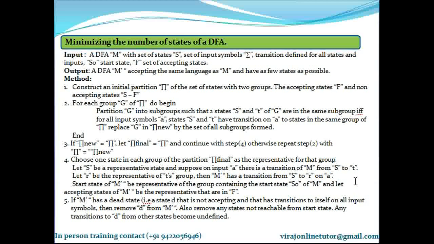So suppose there was a transition from S to T earlier, and after I minimized the DFA, I selected R as a representative from the T subgroup. There is going to be a transition from S to R now on input symbol A, because I am selecting R as a representative from the T subgroup.